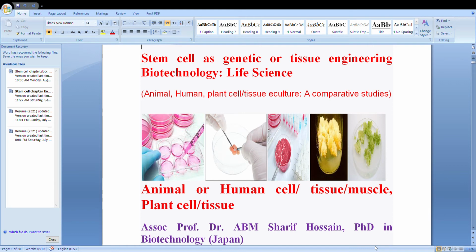As for example, in biomedical science laboratory, animal cells, plant cells and human cells can be used. In some countries it is still difficult due to the lack of facilities, but in developed countries, scientists are using plant cells, animal cells, and human cells to do cell culture in the same cell culture laboratories.